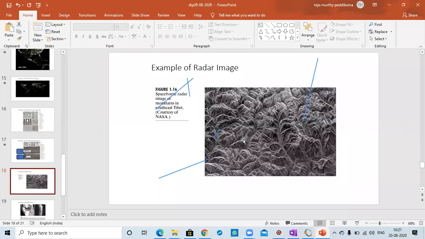They can transmit through the clouds, and you can take the photograph even in rain and other conditions. If the atmosphere is not suitable, in that condition also you can take images by using radar waves. The radar applications, particularly these types of images, are very useful in our military applications.